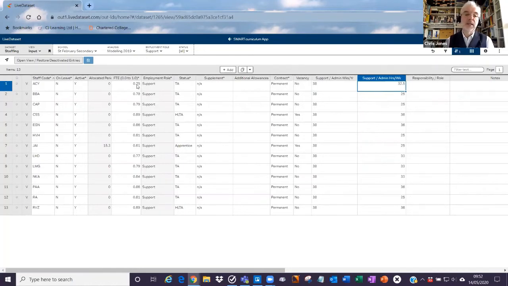That's why this is quite a complex number, because the actual sum is the number of weeks per year divided by 52.14, multiplied by the number of hours per week that the member of staff works divided by their base hours for the school. And that product will get you an FTE.